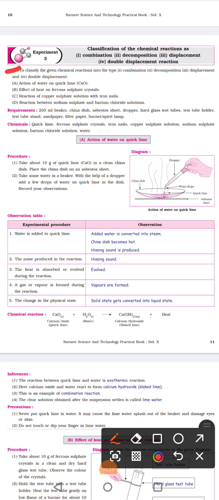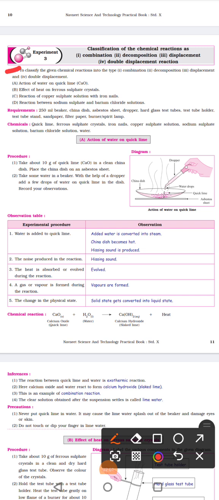Do not overwrite the reactions. You have to consider only those reactions in front of you, and as per those reactions you will write your part A, B, C, D. If you have combination, you can add in your aim: action of water on quicklime. If you have decomposition: effect of heat on ferrous sulfate crystal. Displacement: reaction of copper sulfate solution with iron nail.